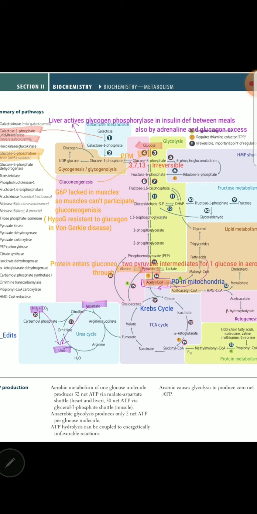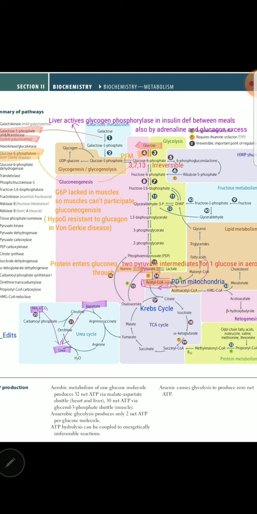Glycolysis is taking place in every cell, but gluconeogenesis is not taking place in muscles, that is most of the body, because they lack this last step of glucose formation in gluconeogenesis, or the opposite of the first step of glycolysis, mediated by glucose 6 phosphatase, the same enzyme which is important in von Gierke disease. So we'll link gluconeogenesis and von Gierke here. Glucose 6 phosphatase is lacking in the muscles, so muscles cannot participate in gluconeogenesis, one MCQ.